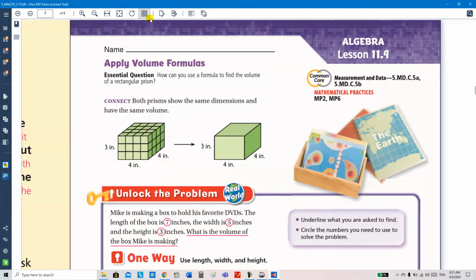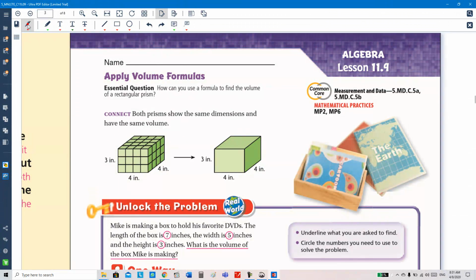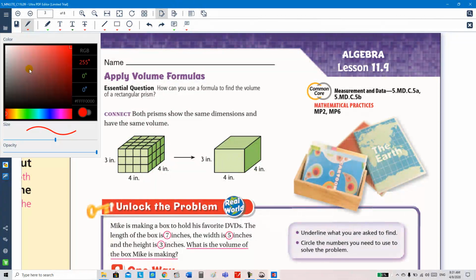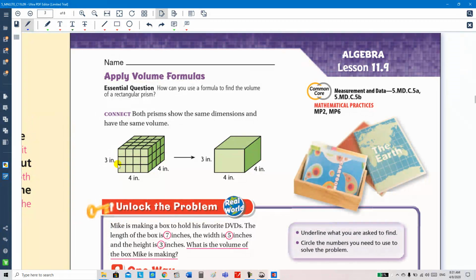We have length equal 4 inches and width 1, 2, 3, 4, so width equals 4 inches, and the height equals 1, 2, 3, so it will be 3 inches for the height.